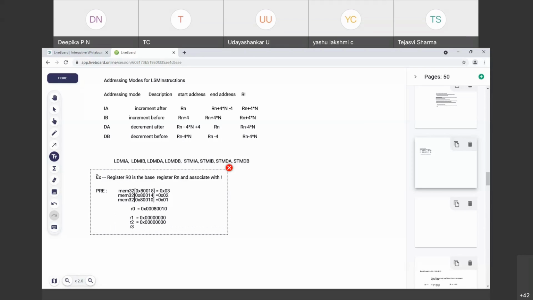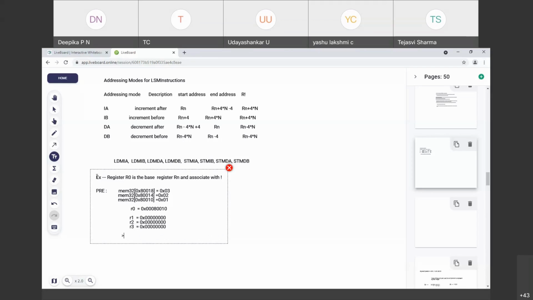R1, R2, R3, three registers I have taken. The number of registers in a multiple instruction depends on what kind of processor you are using. It depends on the formula 2 to the power N, where N represents the number of registers. How many registers are chosen here? Three registers.